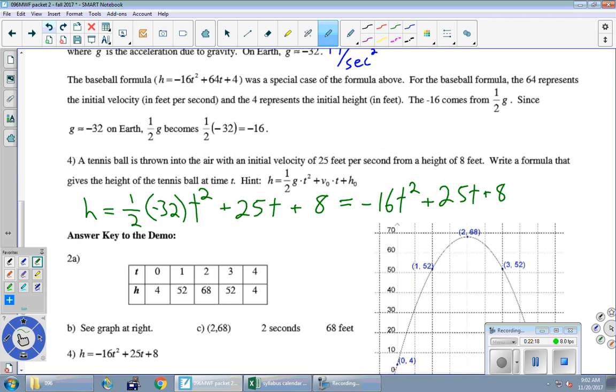And it turns out that armed with that formula, we can do a lot of work. We can figure out how long it takes for the tennis ball to hit the ground. We can figure out how high the tennis ball is 3 seconds after we let it go. We can figure out how high the tennis ball is at any point. We can figure out when the tennis ball reaches its maximum height and how high it gets. Using calculus, you can actually use this formula to figure out the velocity of the tennis ball at any moment in time.